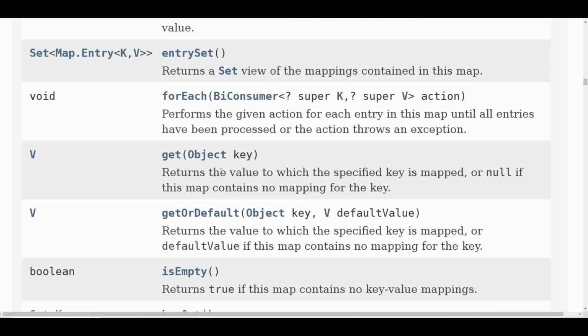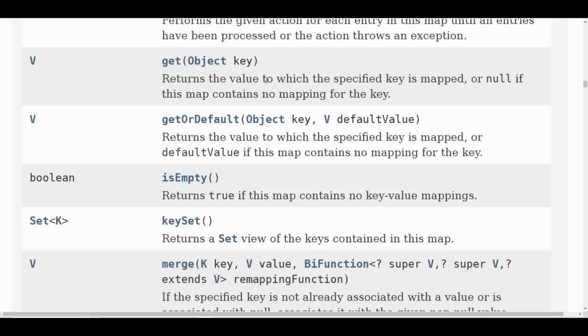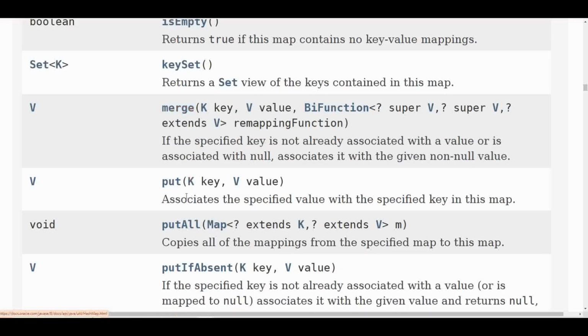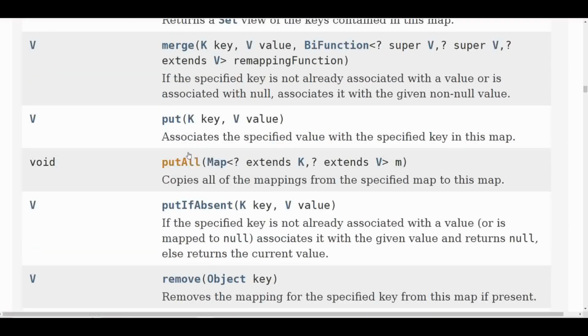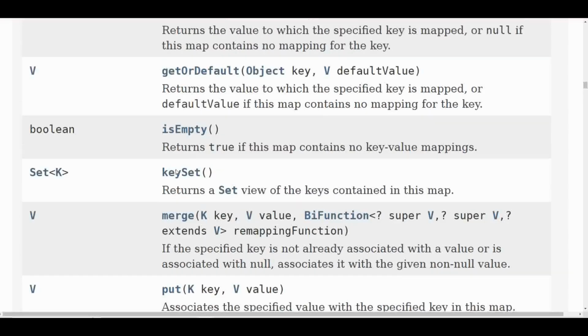We can pass a key, we'll get the value of that. And for each, we can use the forEach method, and we can also see keySet, sorry, put. Yes, this is the put method. Again, the putAll method is also available, and we have seen this get method also.